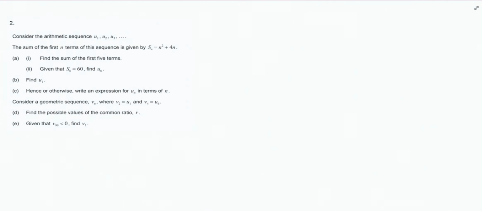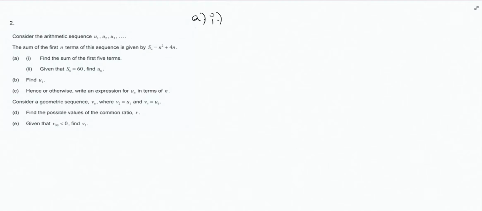Question number 2. It says consider the arithmetic sequence u1, u2, u3, and the sum of the first n terms of the sequence is given by this formula. Part A1 says find the sum of the first 5 terms, and part 2 says given that S6 is 60, find u6.